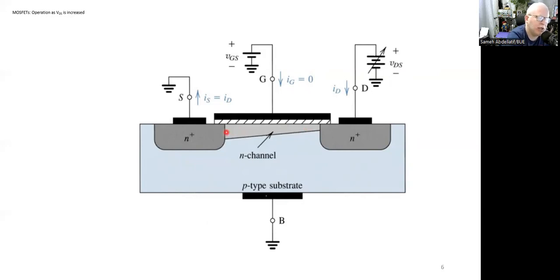So the channel starts to be reformed in this shape. A narrow channel close to the drain, a wider channel close to the source. The higher the voltage here, the narrower the channel in this region, just beside the drain region.